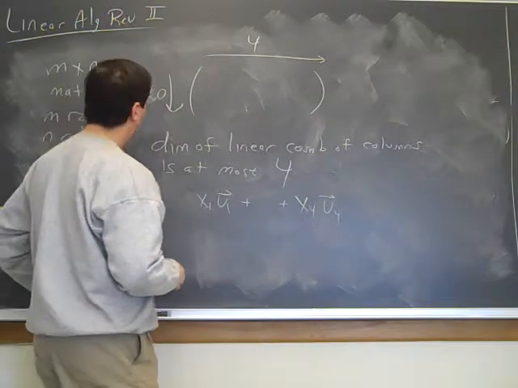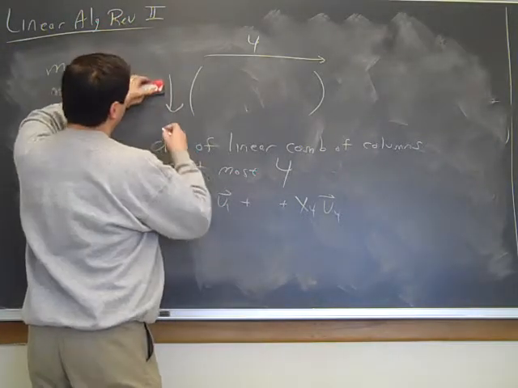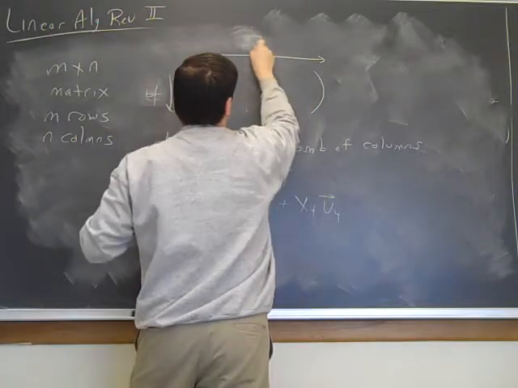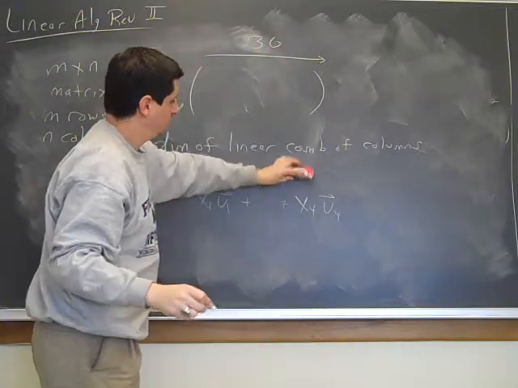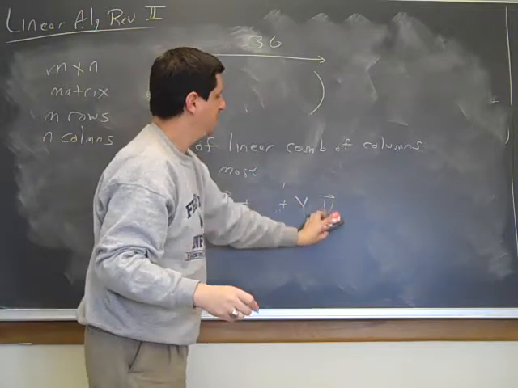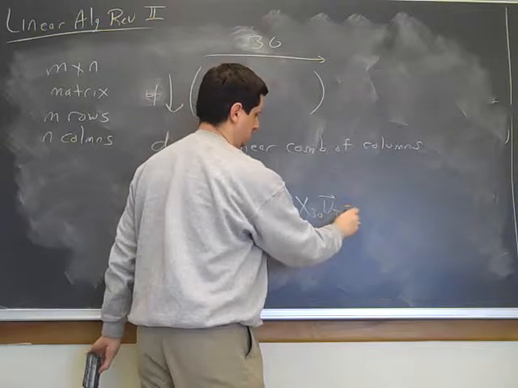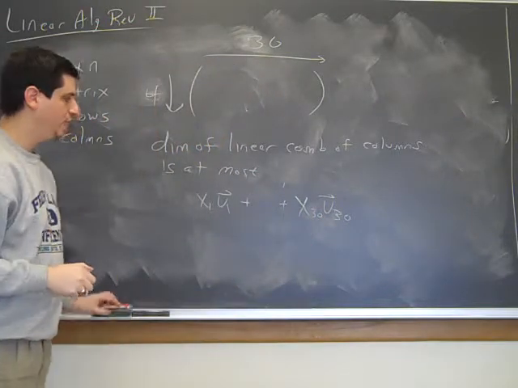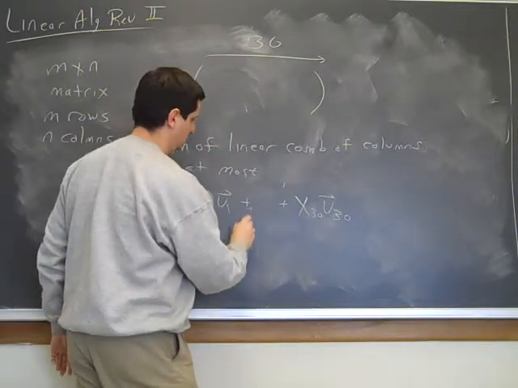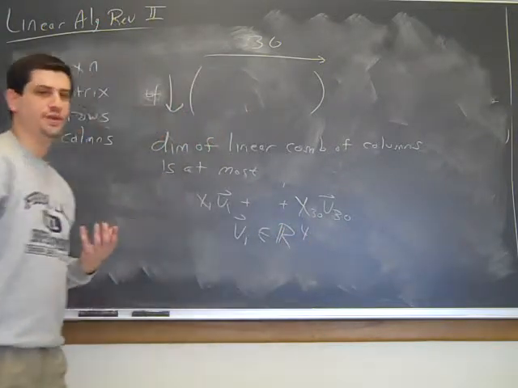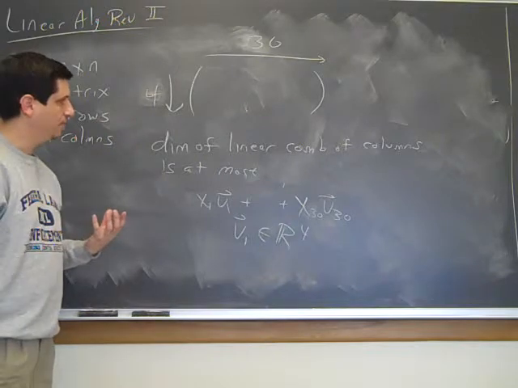Okay. Now let's do it another way. Now let's say we have 4 and 30. So now we have 30 columns. So now here, each vi is in R4, and we have 30 of them. Okay?